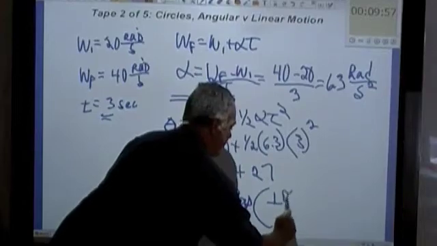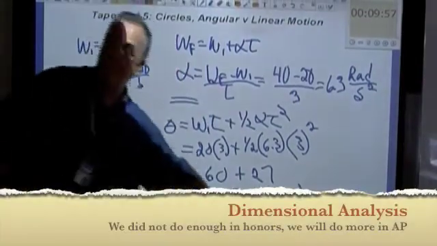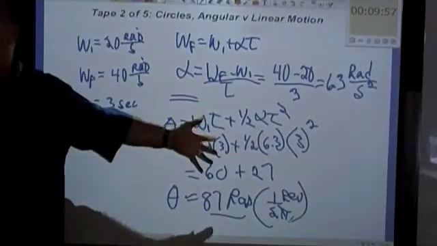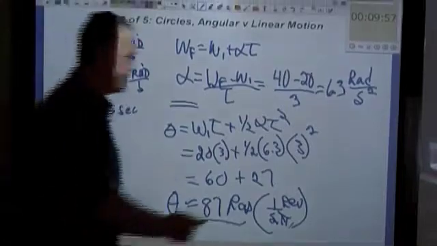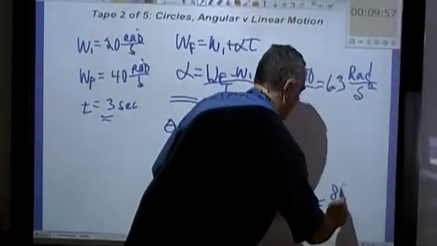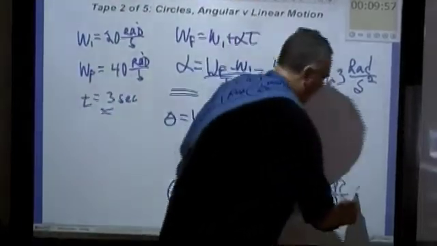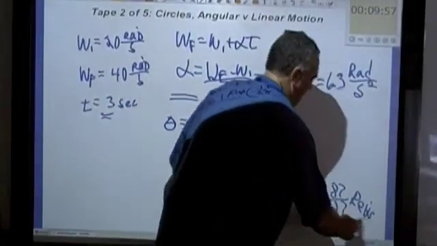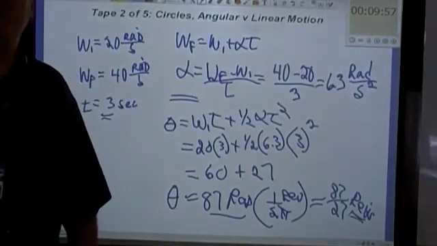So 1 rev over 2 pi radians. So 87 divided by 6.28 would give me the number of revolutions. Does that make sense? So this has got to equal 87 over 2 pi revs. Do we see that?